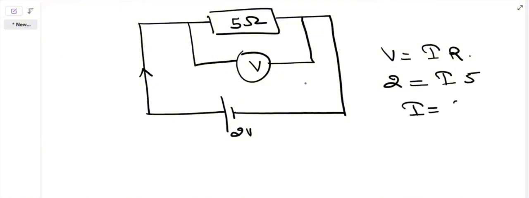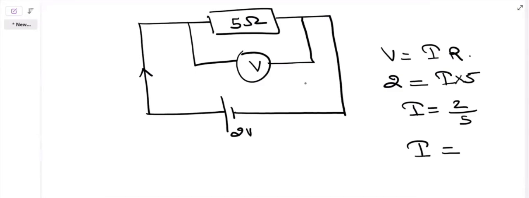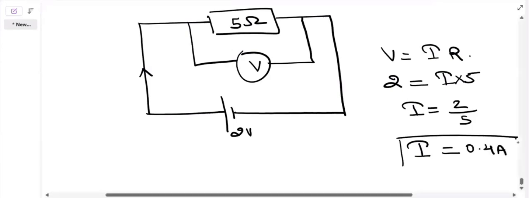So I will be equal to 2 over 5. What is the amount of current that is flowing here? Tell me. Akshita, are you there? 0.4. So that means 0.4 ampere of current should flow through here.